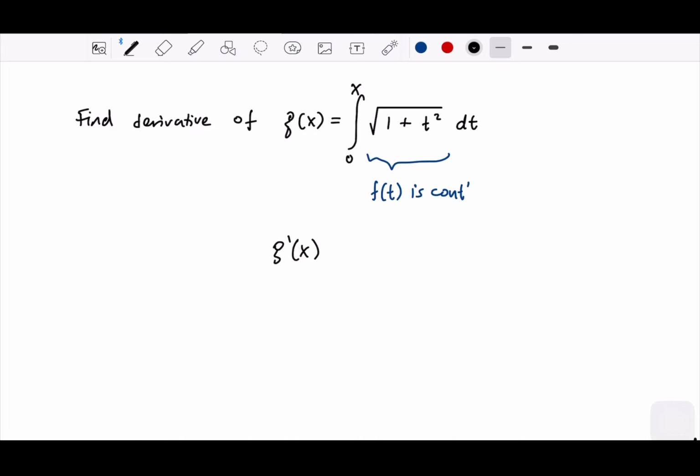And in practice, what we do is just substitute this x inside this t. Okay. So we are going to have that g prime of x is the square root of 1 plus x squared.